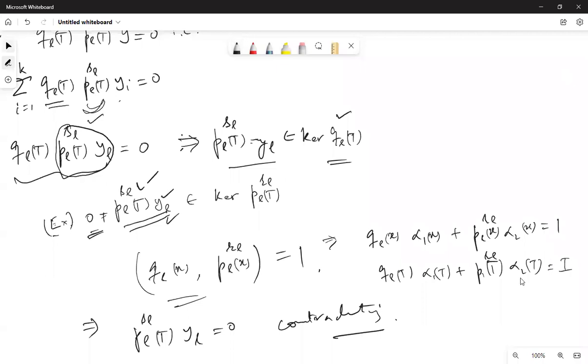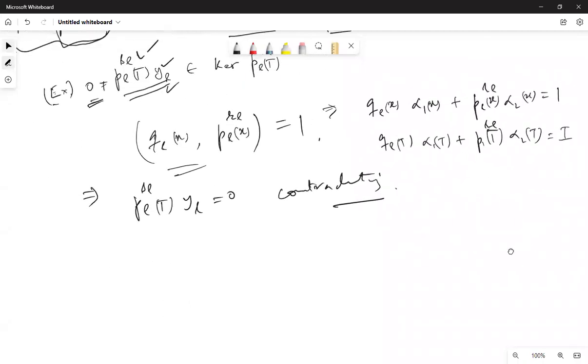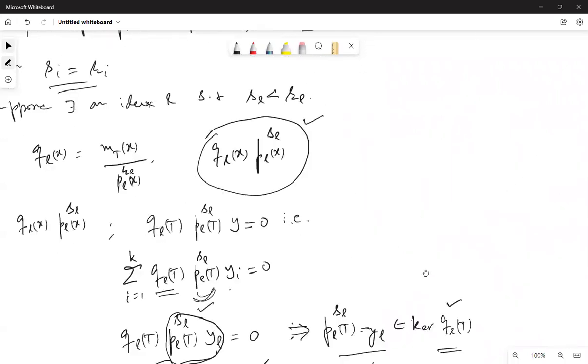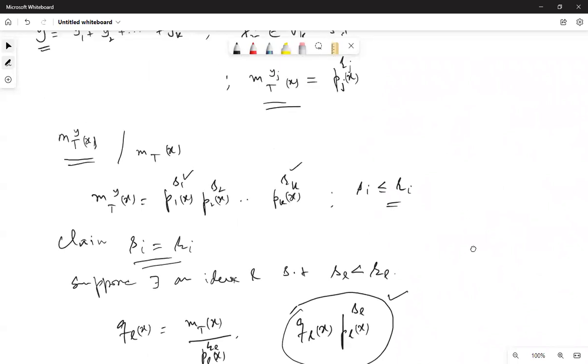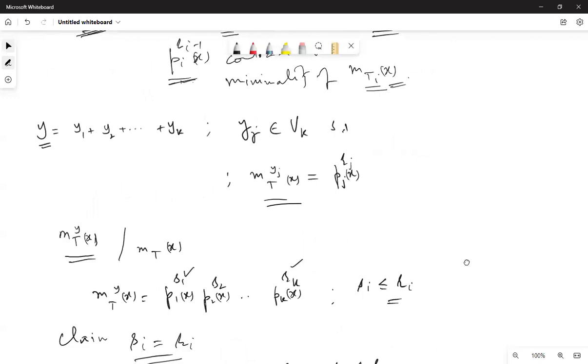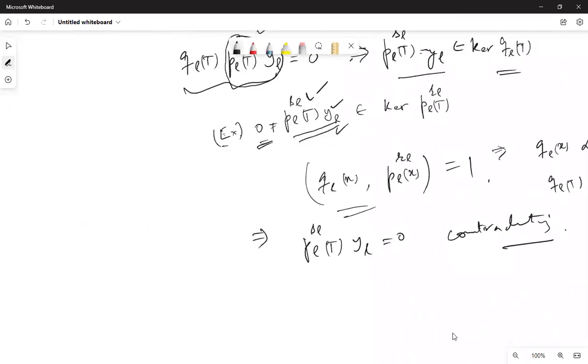Sir, when you said it is non-zero, it is because the choice of YL can be only that element for which the annihilator of YL is exactly PL raised to RL. Therefore, this is not zero.